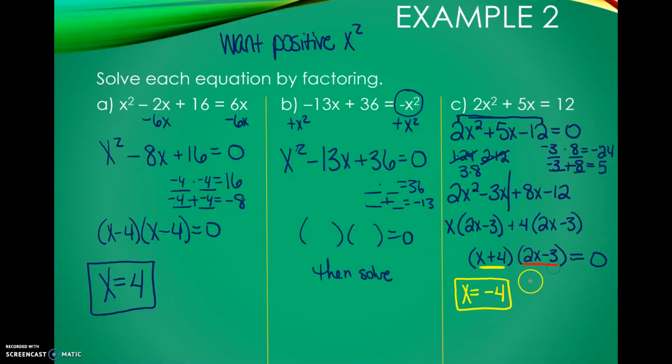For this one, we would do 2x minus 3 equals 0, and then solve that equation. Add 3 to both sides, then divide both sides by 2. X would equal 3/2. So our solutions there are x equals negative 4 and x equals 3/2.